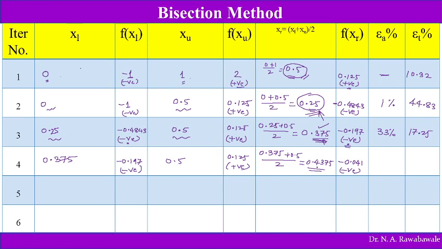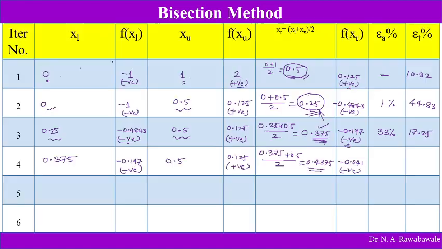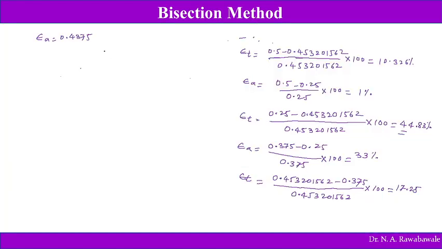The new approximation is 0.4375. So approximate error is equal to 0.4375 minus 0.375, divided by 0.4375, into 100.